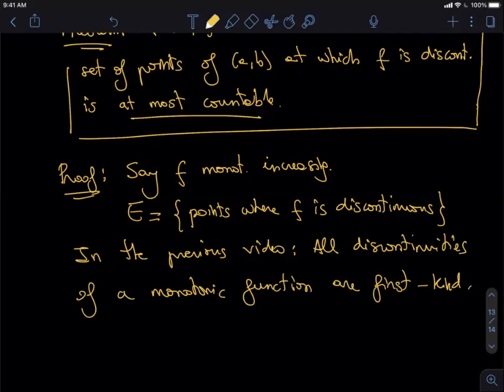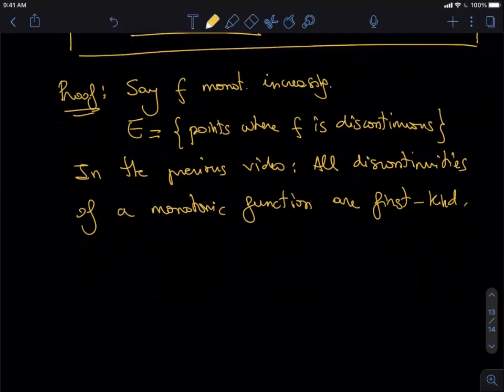Actually, we said that they were not of the second kind. Monotonic functions have no discontinuities of the second kind, but because they must be either first or second kind, that means they are of the first kind. Here we are talking about, for example, jump discontinuities.